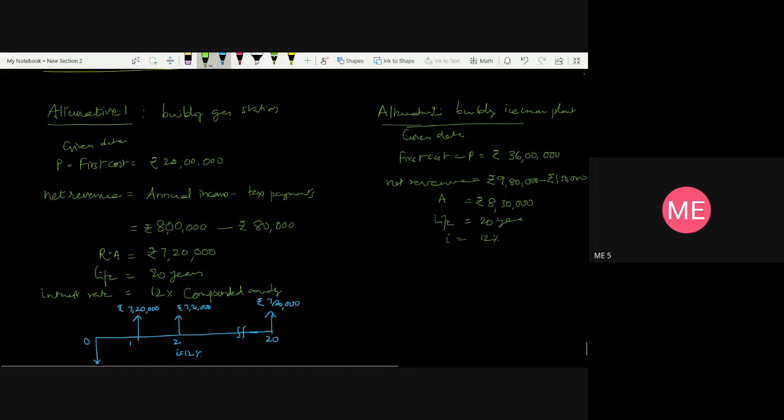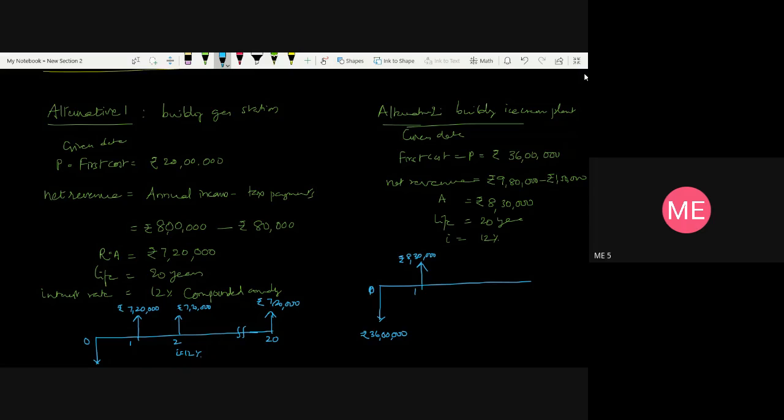Now we need to draw the cash flow diagram. This is the initial cost, which is to be made at time zero, which is rupees 36 lakhs of investment, and he also has the annual income of around rupees 8,30,000.